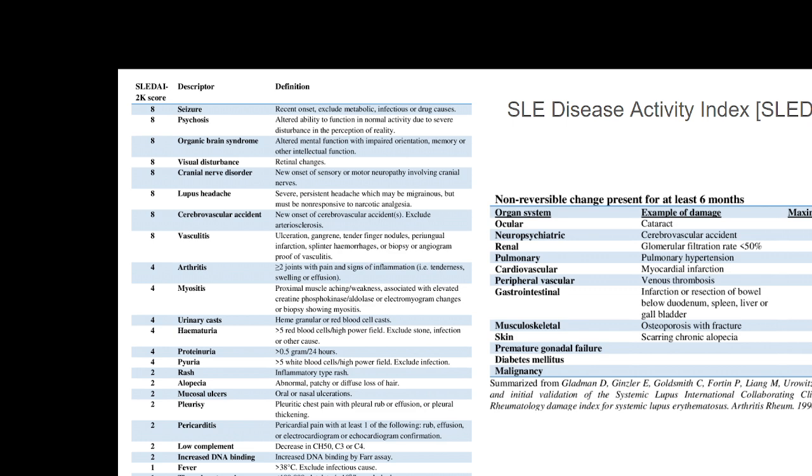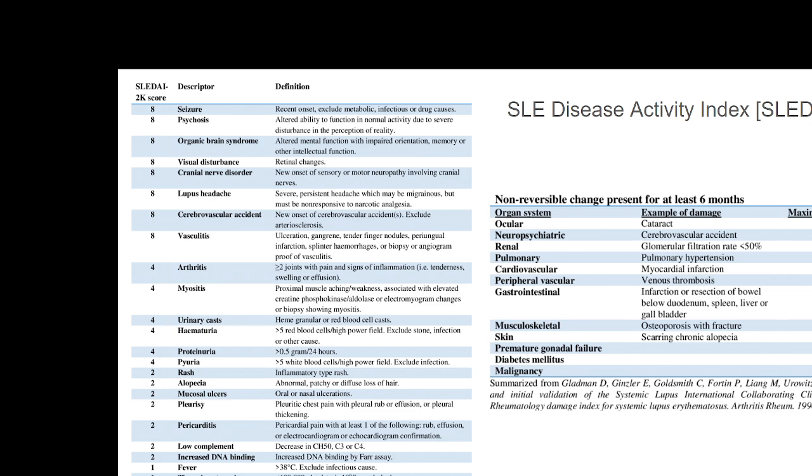Or if the patient has gastrointestinal pathology like a history of bowel resection, which is comparatively less common, or gallstones or biliary pathology, then you will add another 6. If the patient has osteoporosis and fracture, then again another 6. Skin where the patient has scarring, then another 2.